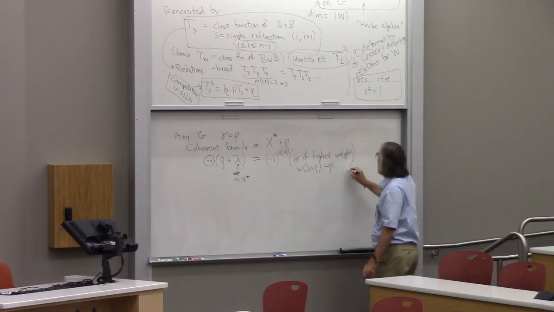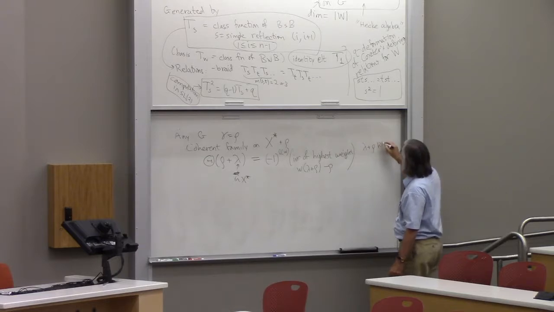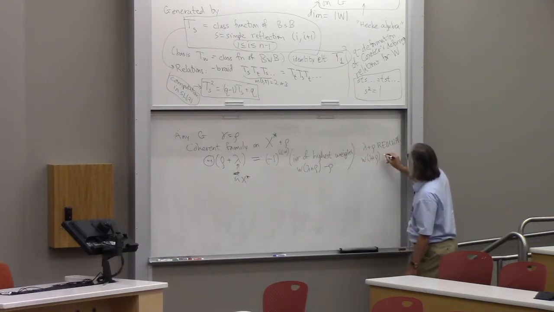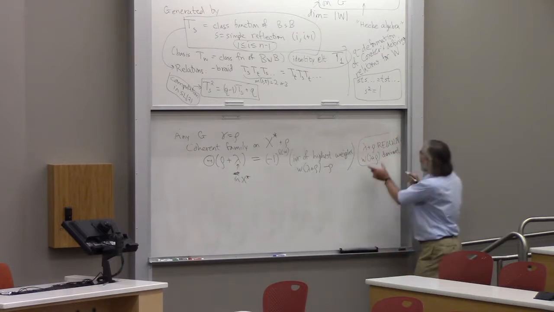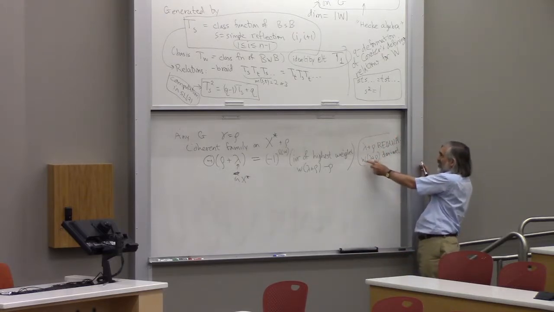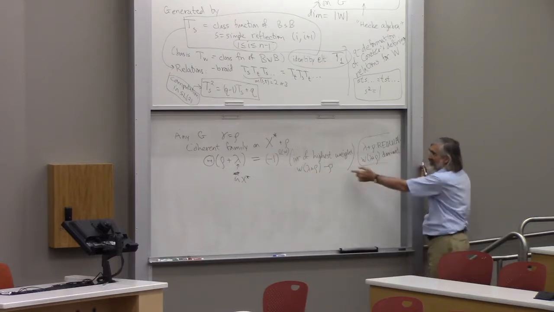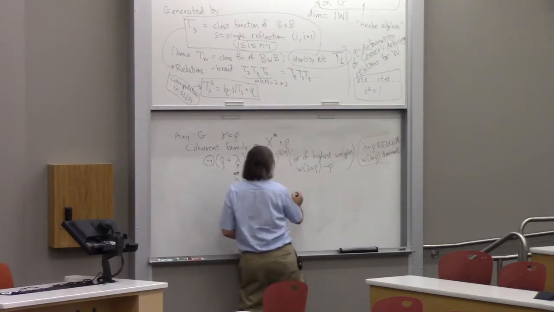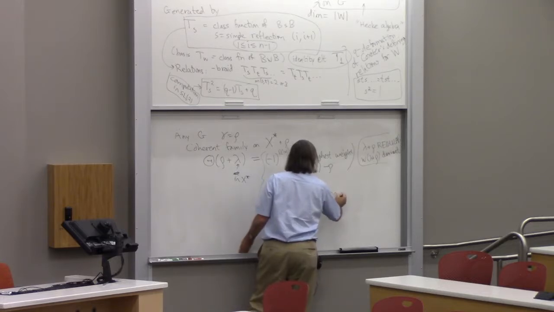This is what happens when lambda plus rho is regular and W of lambda plus rho is dominant. So if lambda plus rho is regular, there's a unique Weil group element that makes it dominant, and so I can do that. And I just put 0 if lambda plus rho is singular.